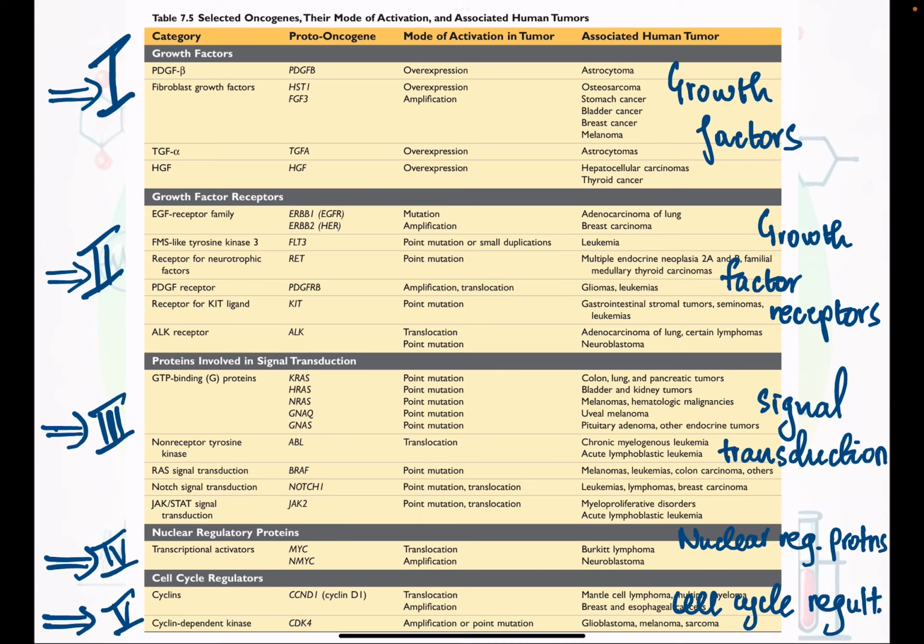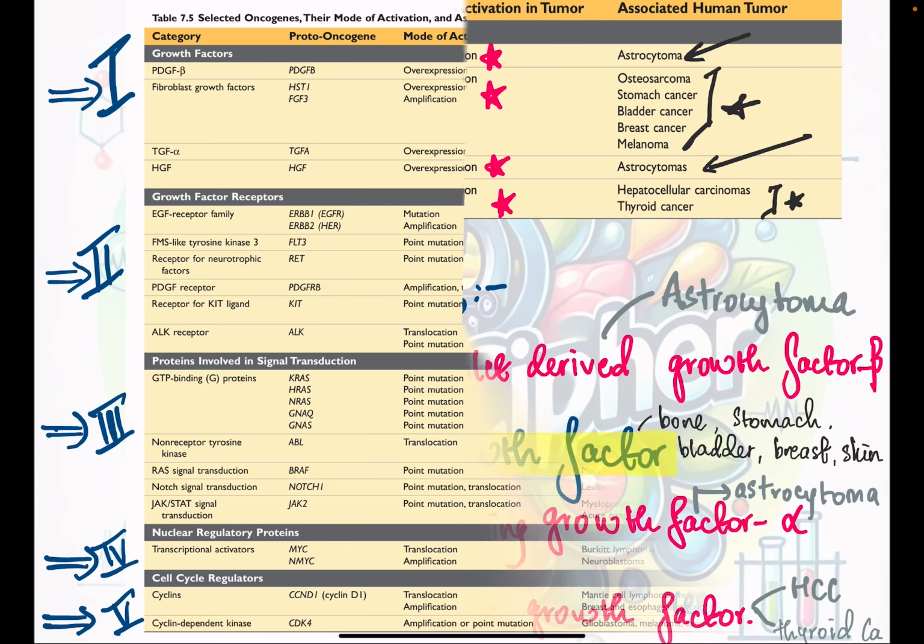So, your normal proto-oncogenes, which are getting converted by some mode of activation into oncogenes. The first one is growth factor. The second one is growth factor receptors. Third is signal transduction. And lastly, there are nuclear regulator proteins and cell cycle regulators.